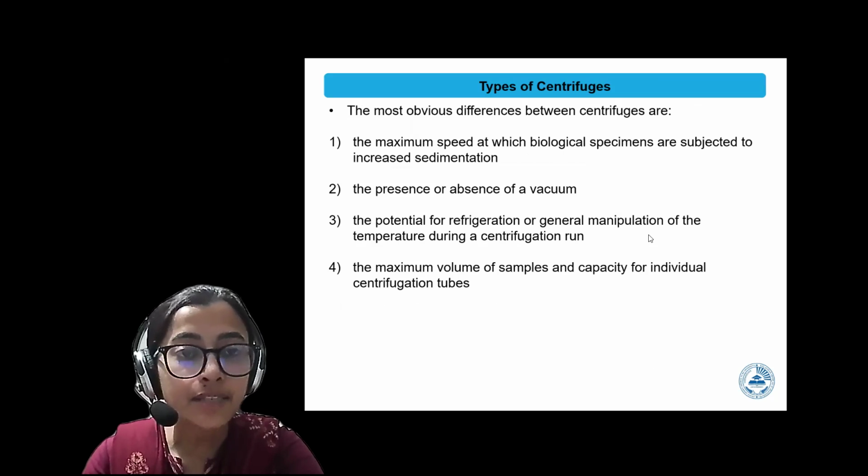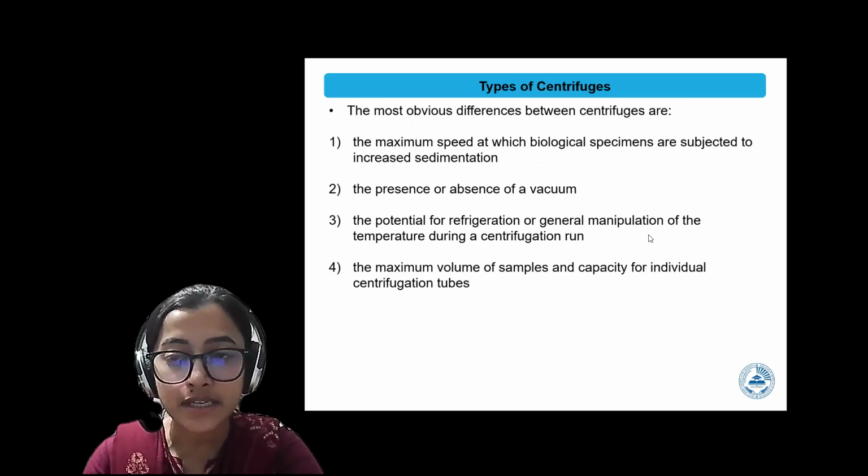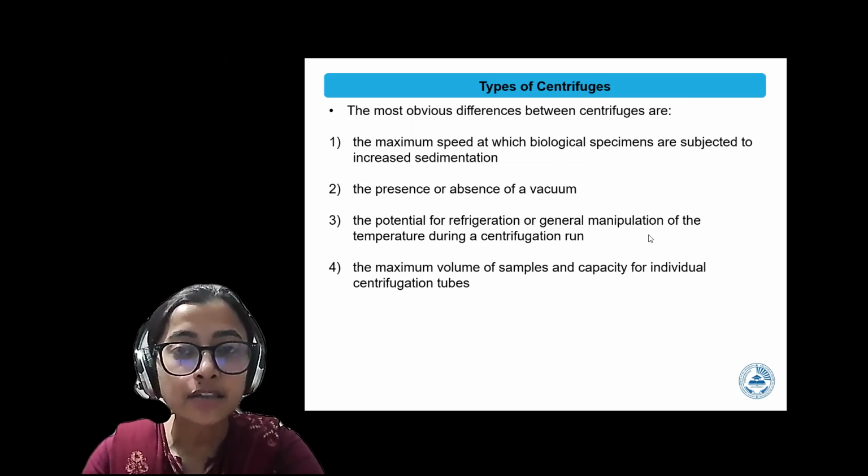Centrifuges can be classified based on several characteristics. One key factor is the maximum speed at which samples can be spun. Higher speeds generate greater centrifugal force. Another important feature is whether the centrifuge operates under a vacuum, which reduces air resistance and allows higher speeds.